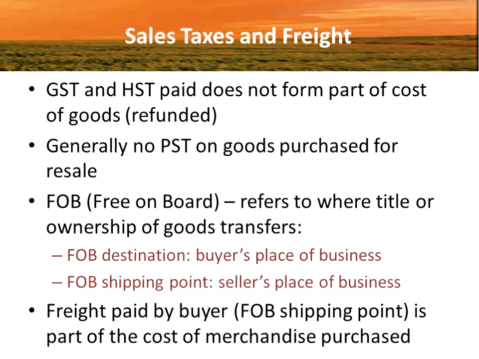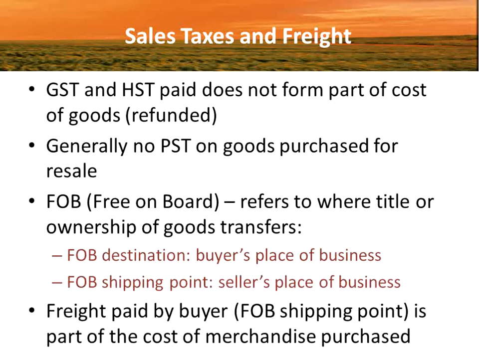On the opposite spectrum, FOB shipping point occurs as soon as the items are loaded onto the truck. So at the manufacturing point, as soon as those pens are loaded on the truck, ownership of the goods is transferred to the buyer, Staples in this case, and they're responsible for the goods while they're being delivered.